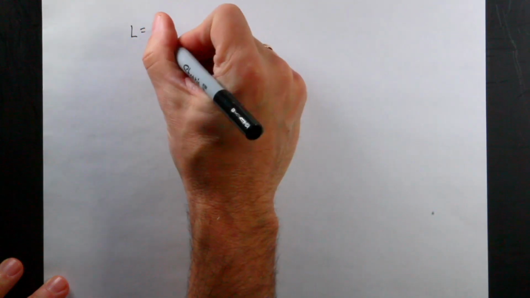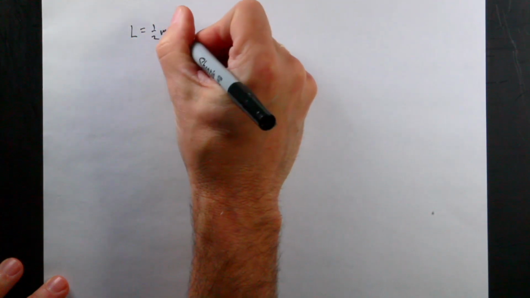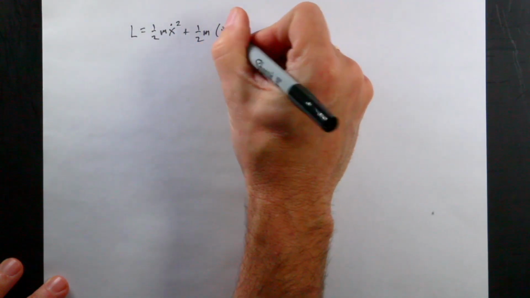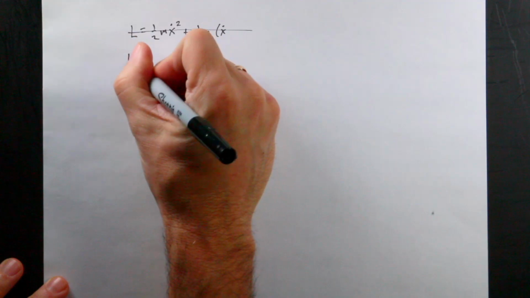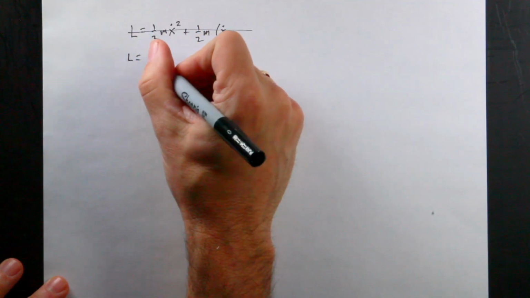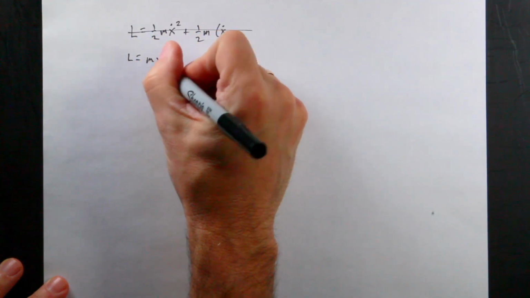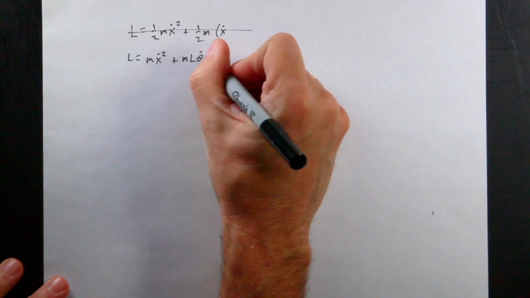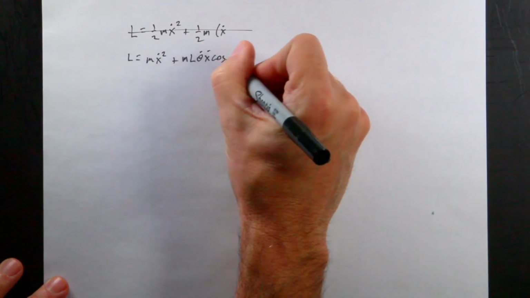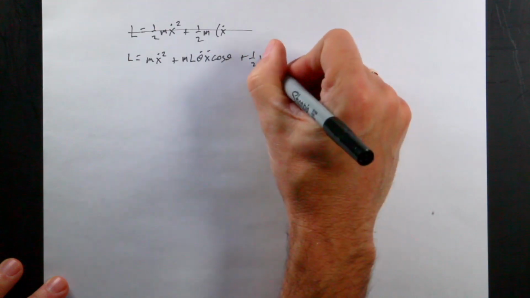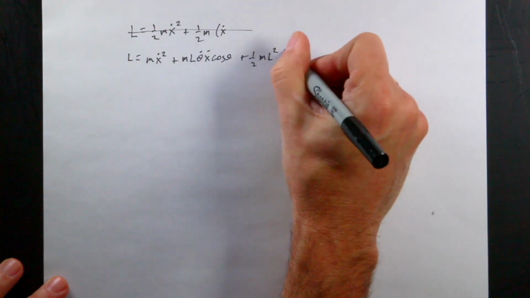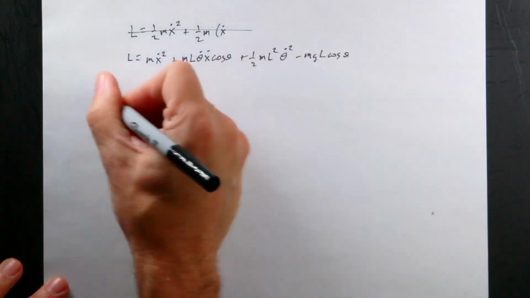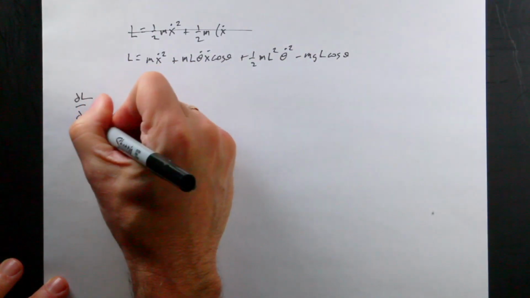Okay, so let me write down the Lagrangian. L equals 1/2 m x dot squared plus 1/2 m x. Oh, I wrote it down here. L equals m x dot squared plus m L theta dot x dot cosine theta plus 1/2 m L squared theta dot squared minus mg L cosine theta. And I want to take the partial of L with respect to theta.